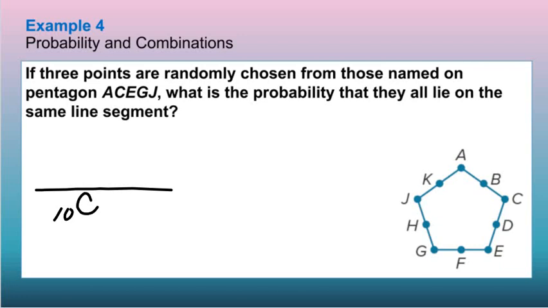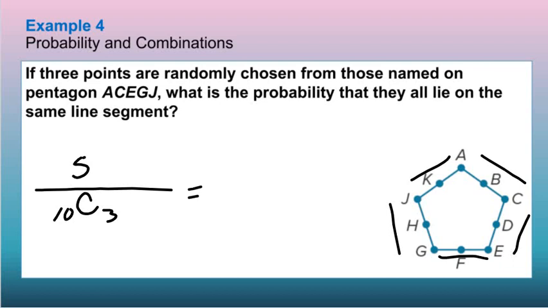Combination, order does not matter. And we're only looking at 3 at a time. And the numerator, they have to be all in a straight line. So we have a straight line here. That's 1, 2, 3, 4, 5. So we have 5 in the numerator.